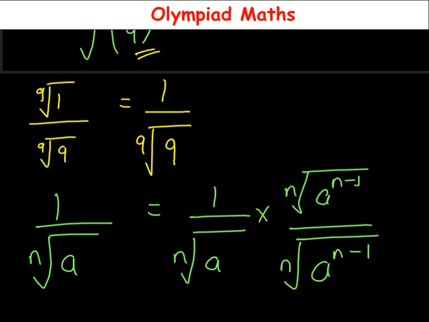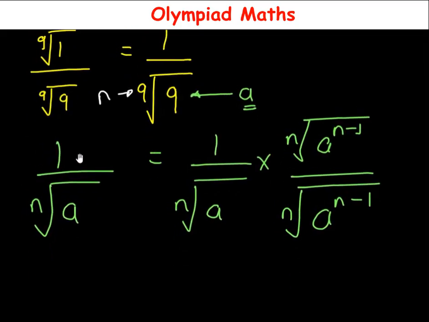And in this case, n is 9, and the value of a is the one inside the root, which is 9. So this is the value of a right here. So working with this, we have 1 over the 9th root of 9.